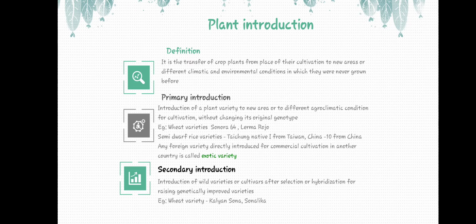We use the native varieties also and hybridize the exotic and the native variety and raise a genetically improved variety. Okay, an example for this is wheat varieties such as Kalyan Sona and Sonalika. So these are the two types of plant introduction.